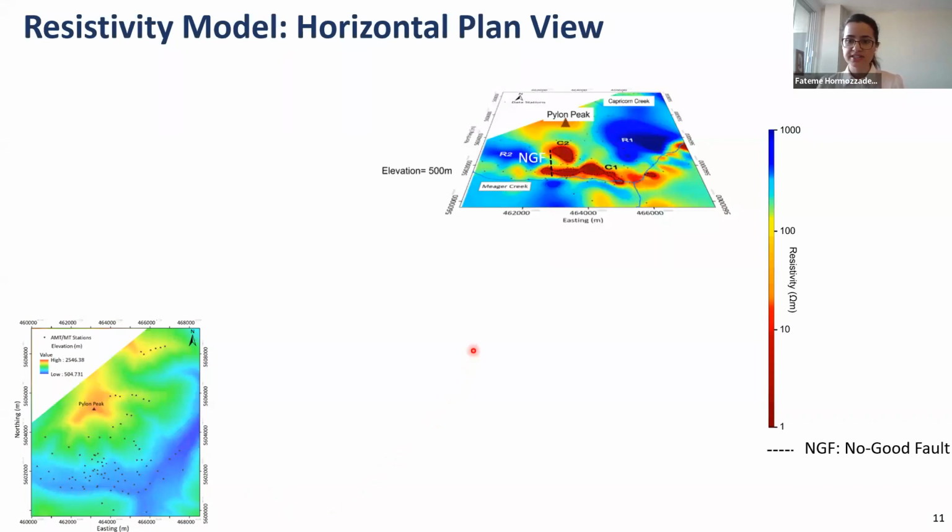So it shows that the key conductor structures are showing here at the elevation of 500 meters above the sea level. We can see C1 extend east-west beneath the Meager Creek, and also conductor C2 extends northward and is bounded by the Nogood fault here.